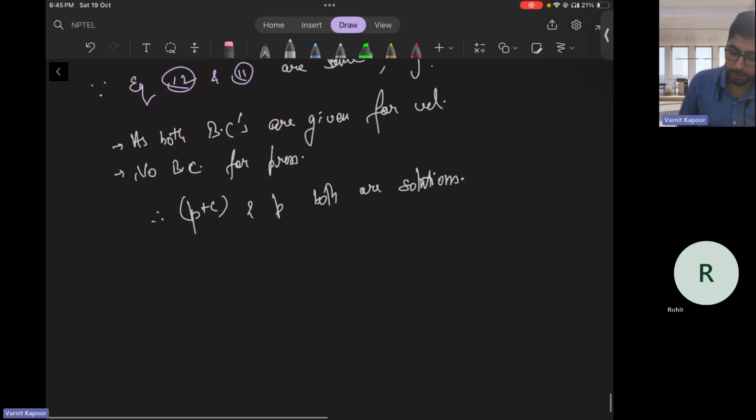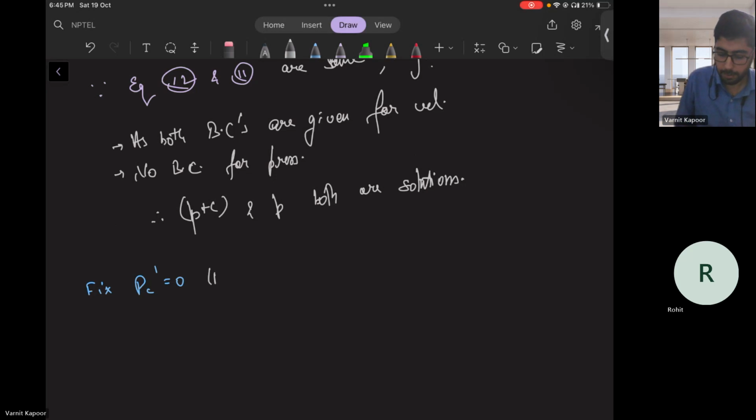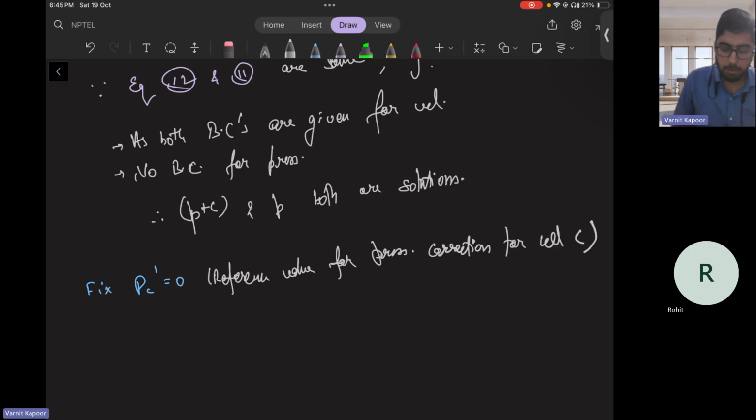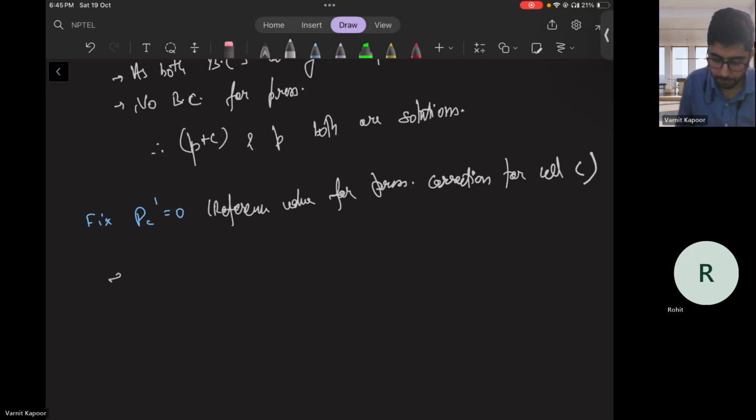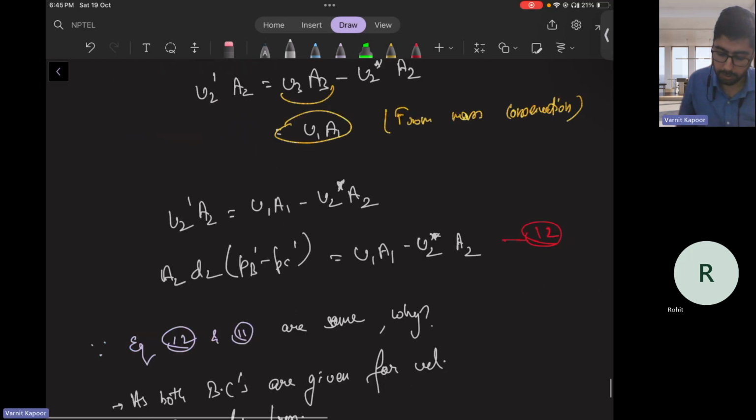Let me write here. Fix PC prime equal to 0, the reference value for pressure correction for cell C. Then you can say that D2 A2 PB prime is equal to U1 A1 minus U2 star A2, from this equation.